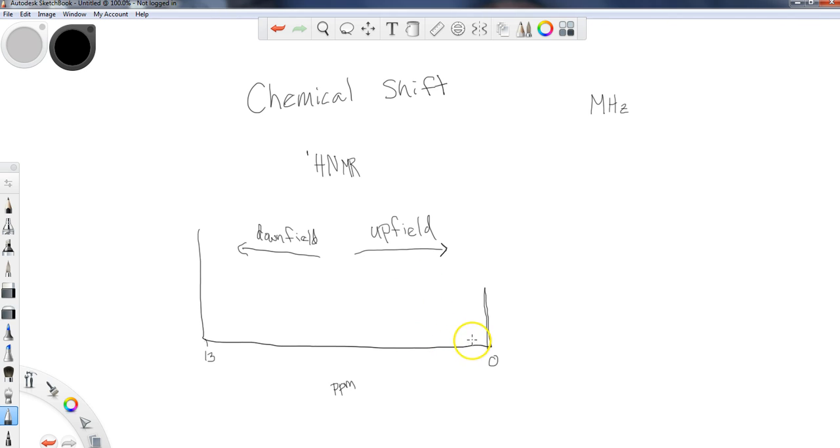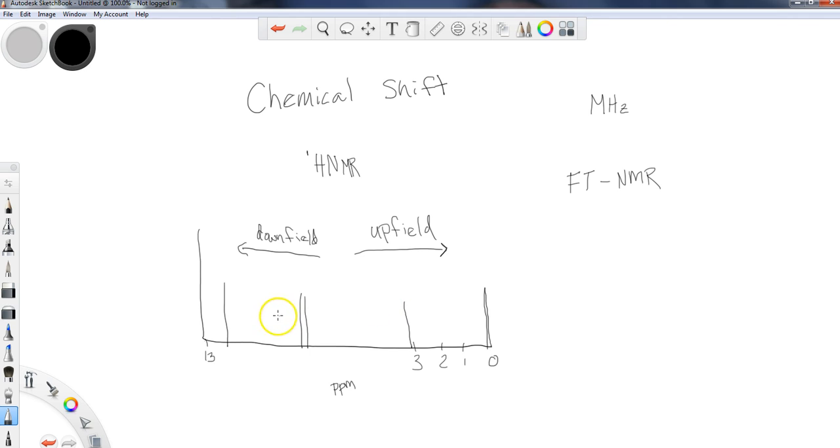So you'd have 1 up through 13, and you're going to get signals that occur in a specific spot related to the type of nuclei that might be present. We'll see different lines here. I should mention that most of these use Fourier transform, so we're talking about FT NMR techniques, which give you these nice clean peaks.